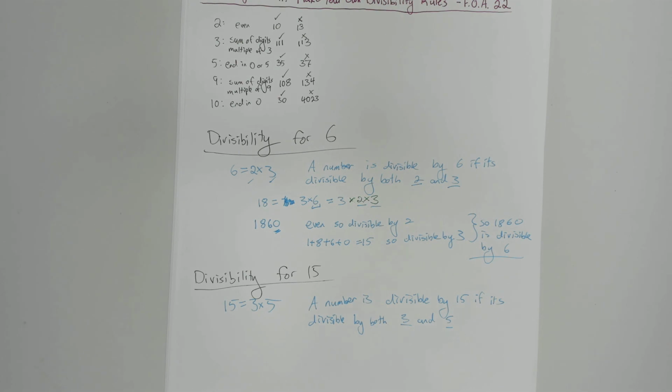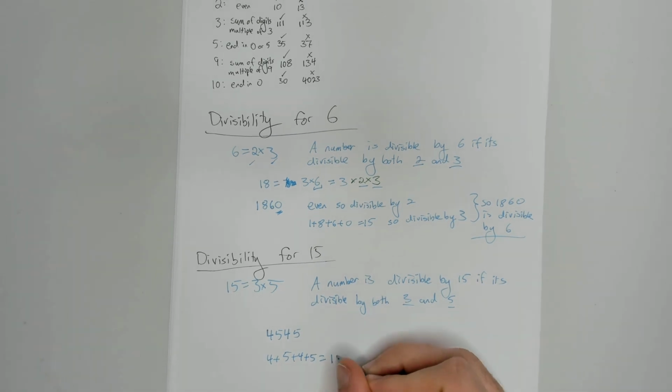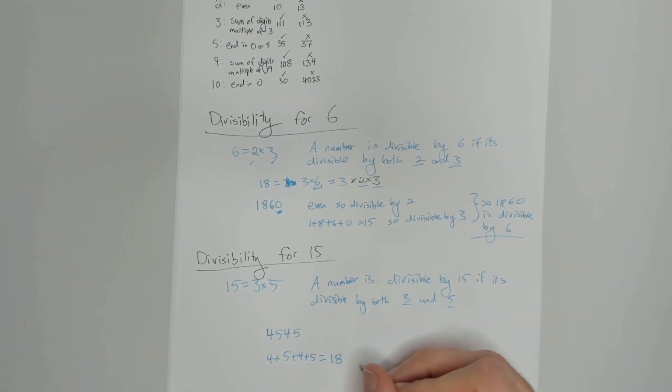So for example, we could look at this number, 4,545. To see if it's divisible by 15, we need to first check if it's divisible by 3, so we can do that by adding its digits. So 4 plus 5 is 9, plus 4 plus 5 is another 9, so that's going to be 18. 18 is a multiple of 3, so our number is divisible by 3.